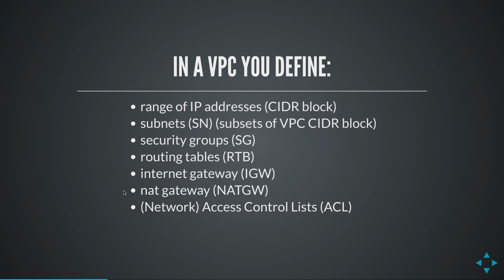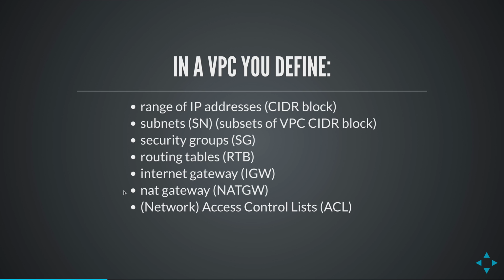If you create your VPC, you need to define some stuff like your range of IP addresses you want to use, the subnets that are part of that CIDR block of your VPC. You need to have security groups. Actually, we're going to create only a single one. Routing tables. You need to have an internet gateway.